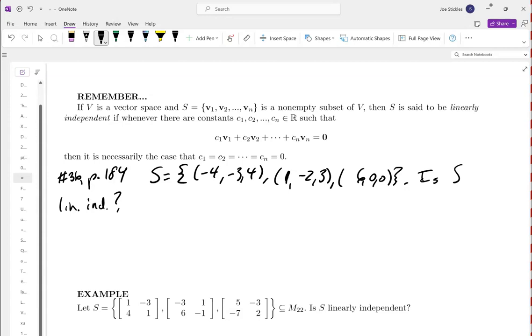All right, so if we want to see if something is linearly independent, then we need to start by looking at a linear combination that gives us the zero vector.